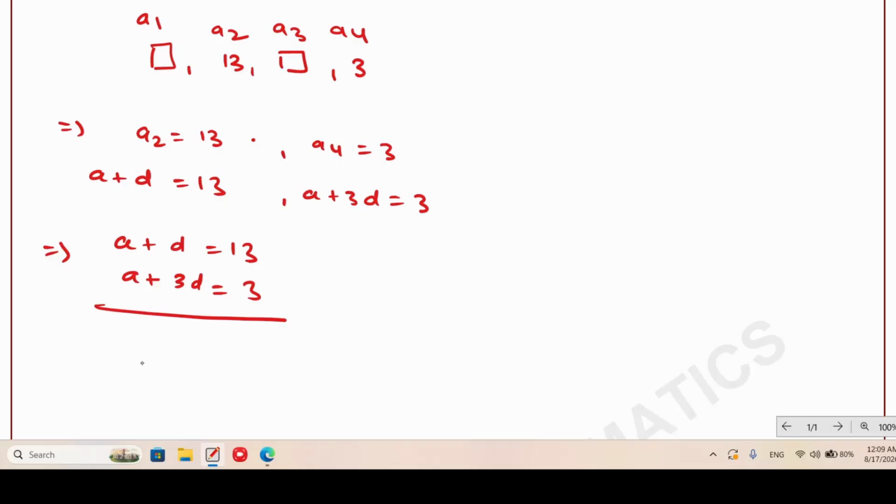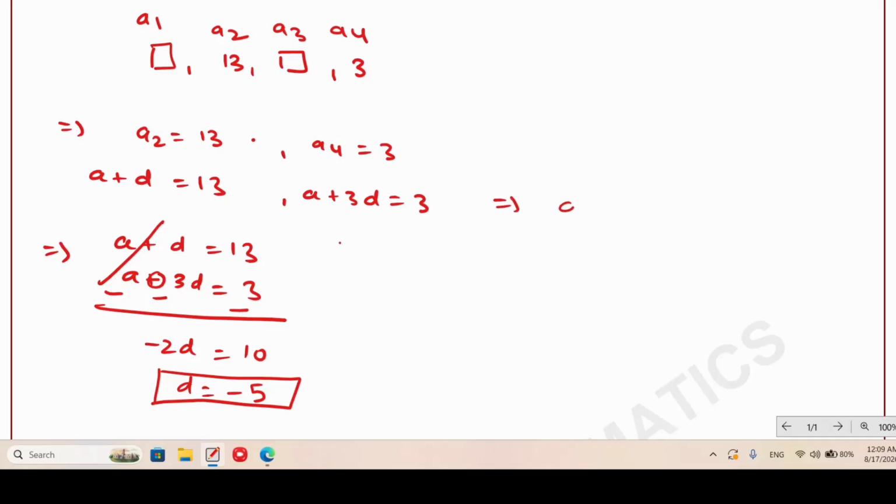Now let's subtract them. This is negative, this one is negative, negative. So this is cancelled. So D minus 3D is negative 2D equals 10 and D equals negative 5. When we know the value of D, let's put here A plus 3 times negative 5 equals 3.